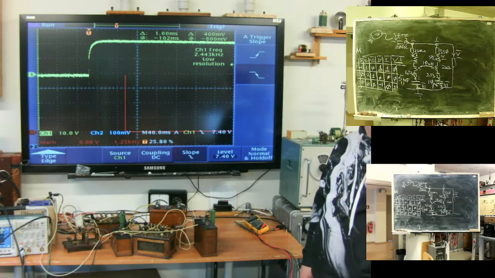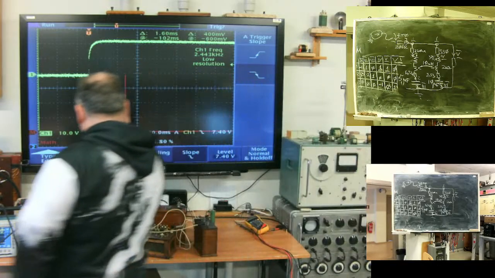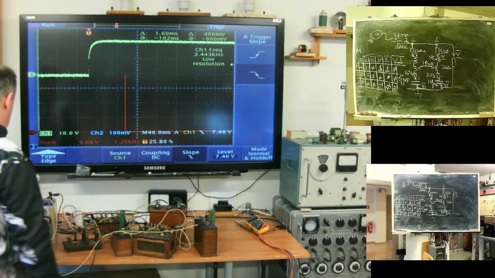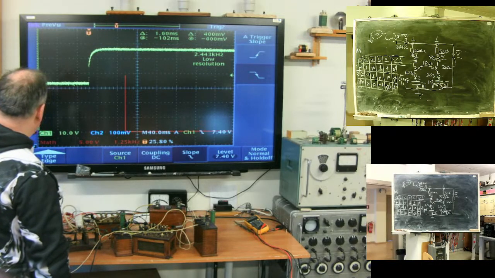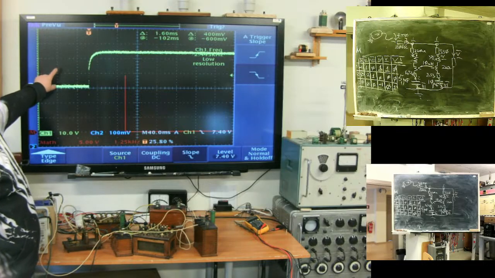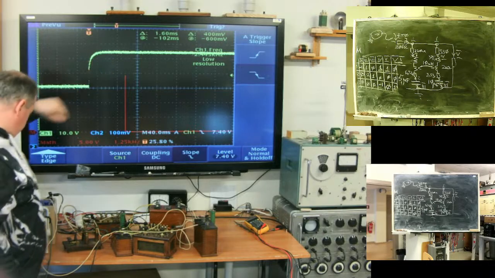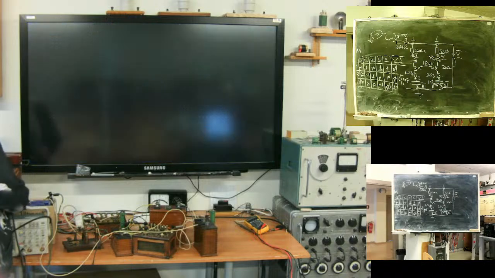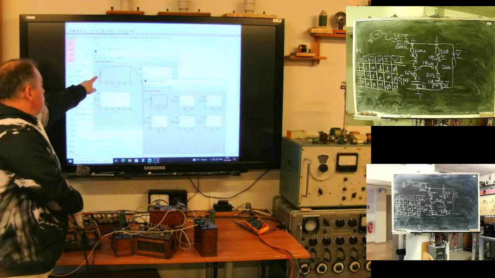Something familiar? Rise 10 volts per division, rise to 25 volts. Something close to the slope.